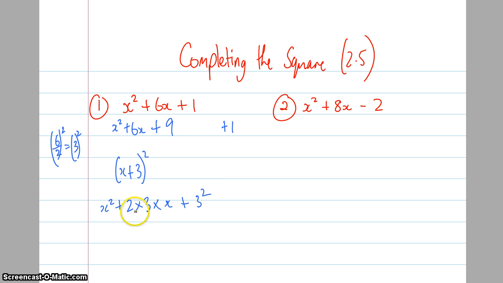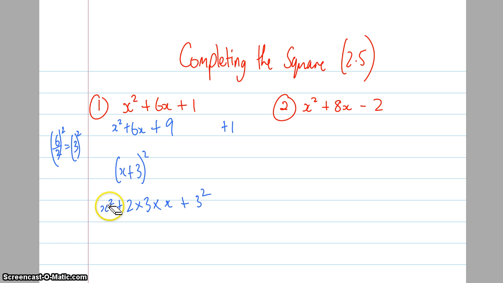If I'm going to get 2 times 3x, then it only makes sense that if I'm trying to find this number at the back, this 9, I'm going to get half of this term here, because that will give me the 3 and the x. I hope that makes sense. If it didn't make sense, you can just follow this pattern where we divide that middle term by 2 and then square it.